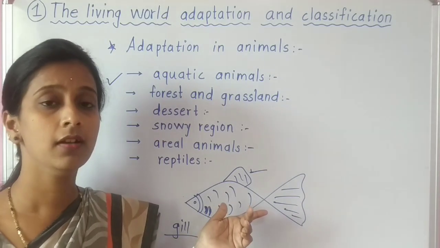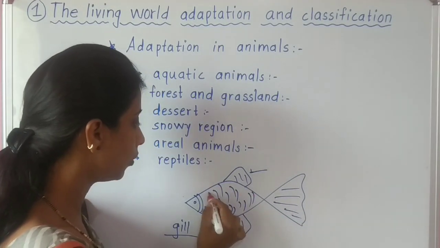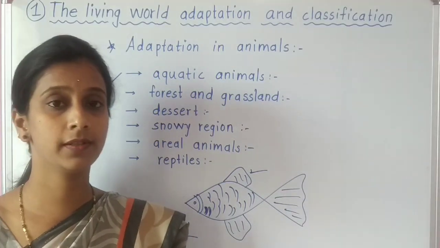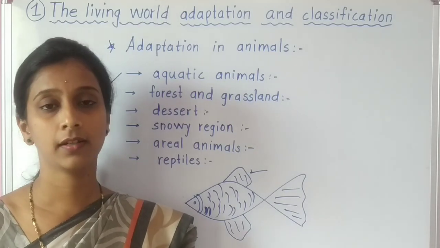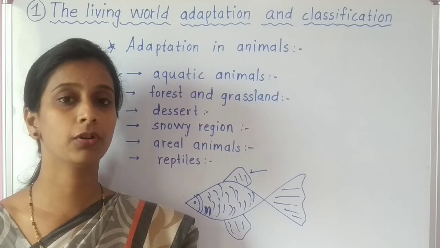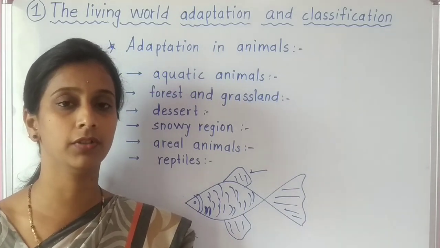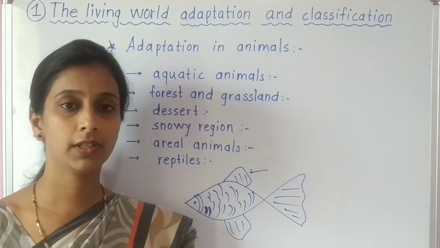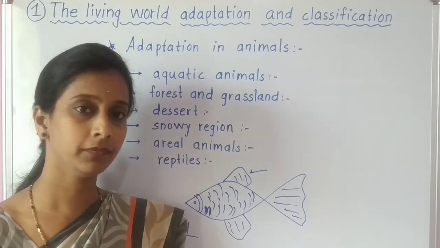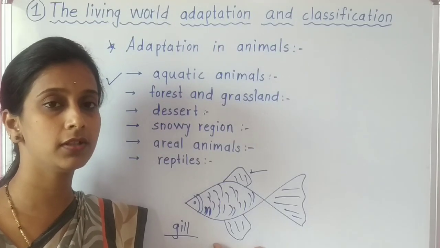Fishes have a scaly body and it possesses an oily layer. So why did this adaptation take place in fishes? Let's take an example. If we put our hand inside the water for 1 hour, after 1 hour what can we say? The skin of our hand shrinks. But though fishes live continuously in the water, their body does not shrink.